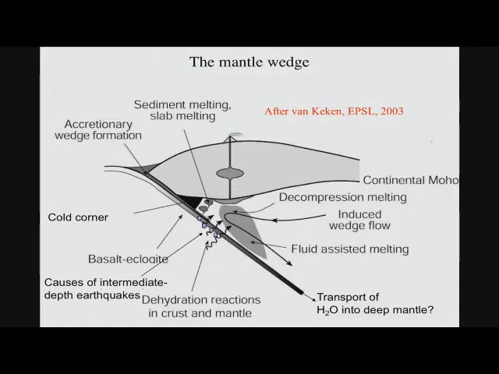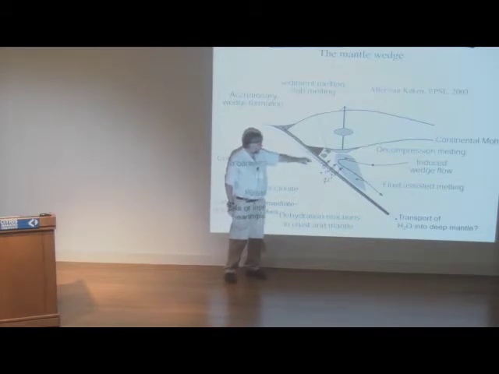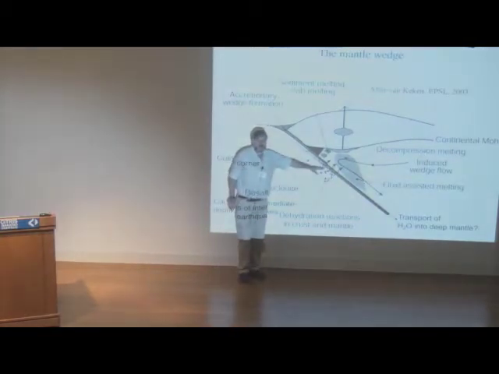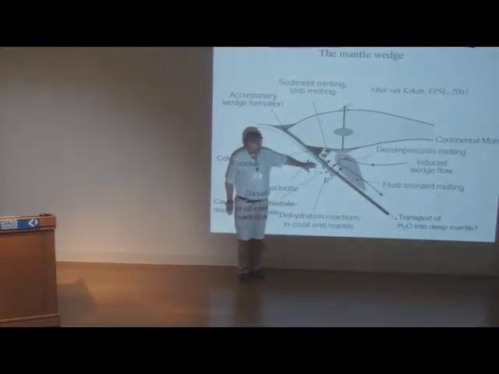So the goal for these thermal models is to predict what the conditions are at depth that may help explain all of these processes that are going on in the mantle wedge, and I probably excluded a few. Cold incoming lithosphere, sediment maybe being scraped off, increased pressure, increased temperature causing dehydration reactions, which may or may not be related to intermediate depth seismicity.